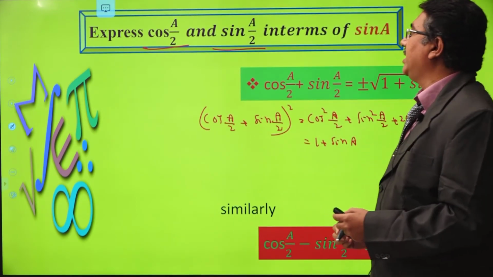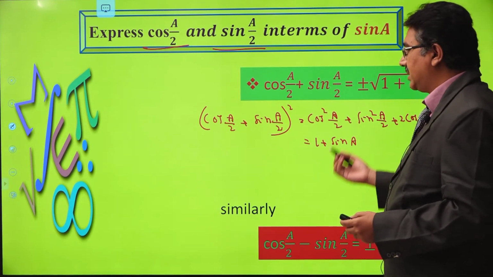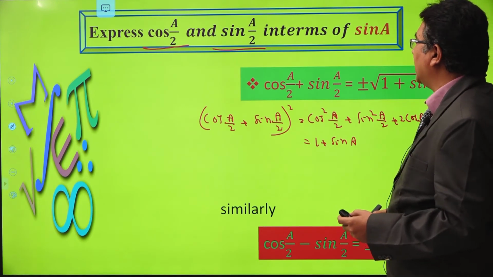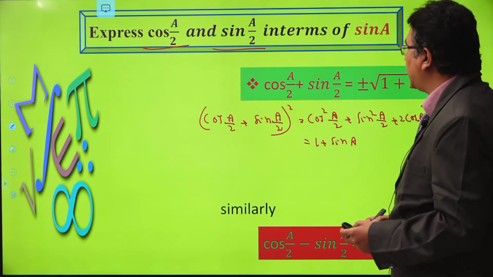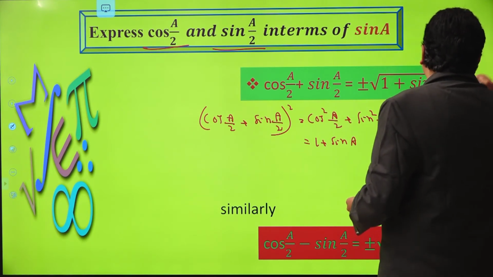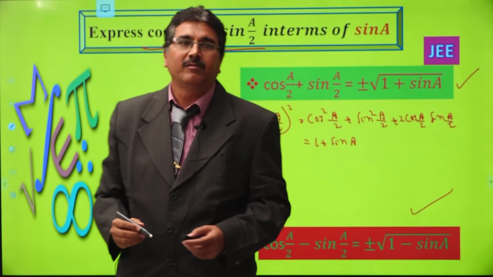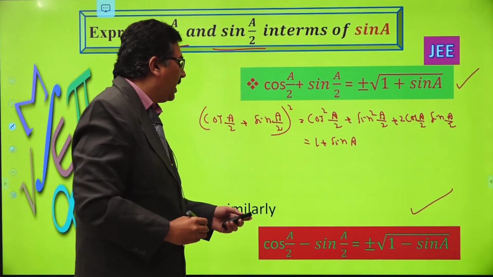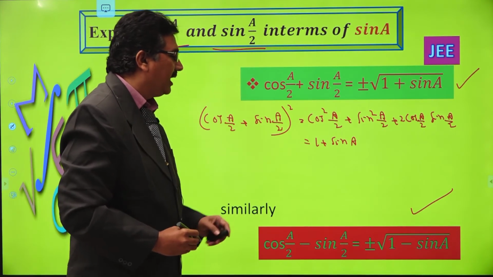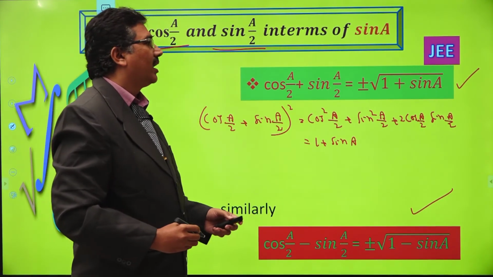Very important concept. This is very useful in integration also. Cos a/2 plus sin a/2 is equal to plus or minus square root of 1 plus sin a. Cos a/2 minus sin a/2 is equal to plus or minus square root of 1 minus sin a.